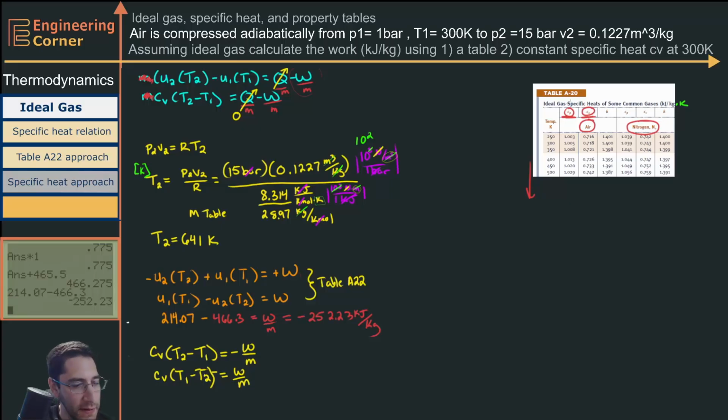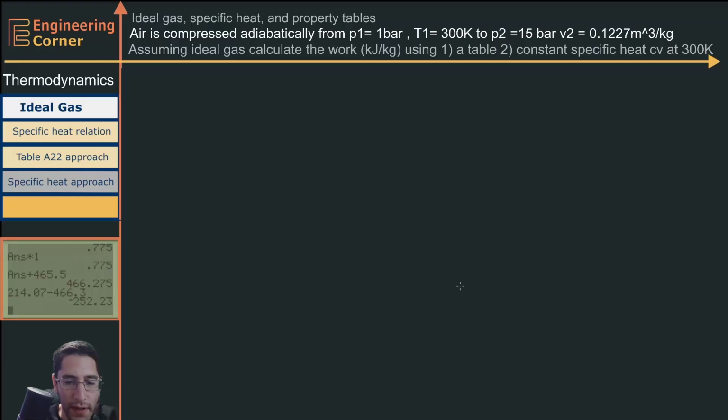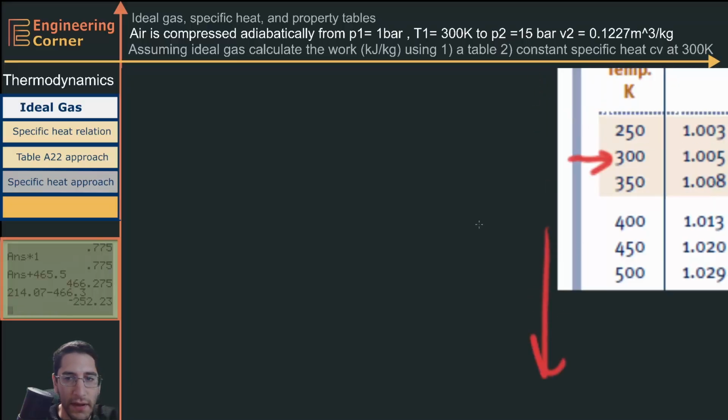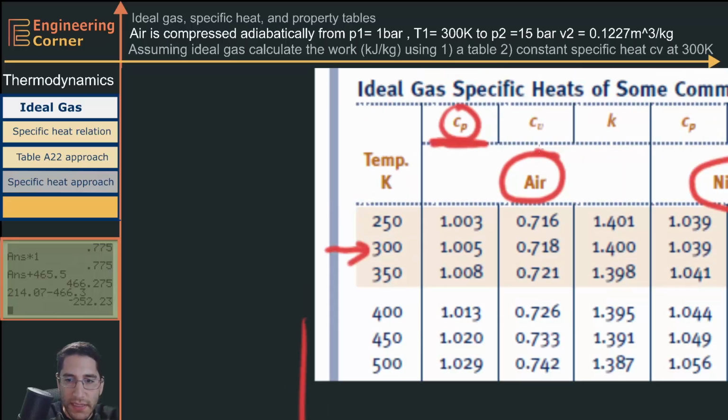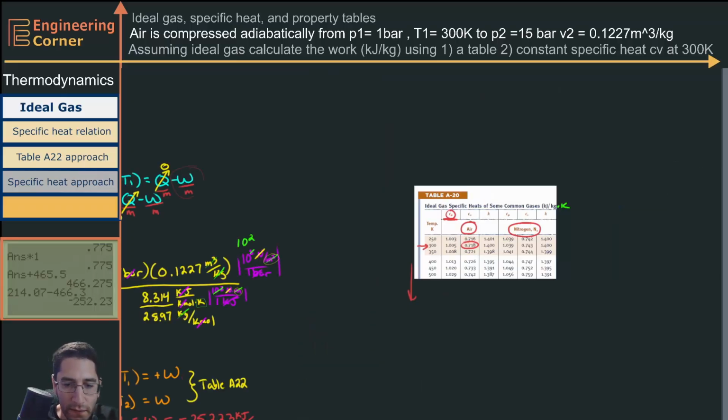We're not using CP right now. We're using CV because CV is related to the internal energy. So now we just have to figure out what it is at 300 degrees. This is 300 degrees. Tough to see, but my CV is 0.718.